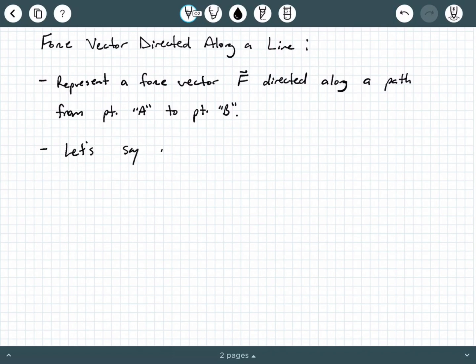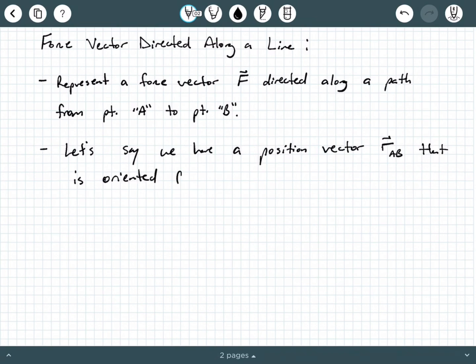Let's say we have a position vector RAB that is oriented from a point A to point B. Okay, so in this case, in 3 dimensions, we would have the following.